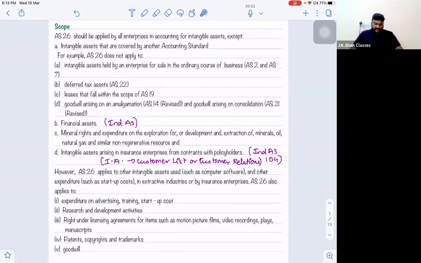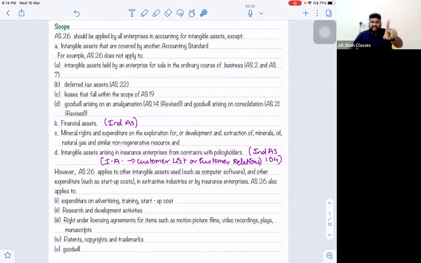Then lastly, intangible asset arising in insurance enterprises from contracts with policyholders. This is specifically covered in Ind AS 104, which we will be learning at final level. But one point that everybody might be thinking, sir, what type of intangible asset generates for an insurance company when it is giving policy to the policyholders?